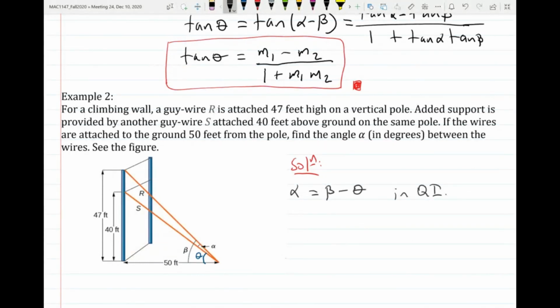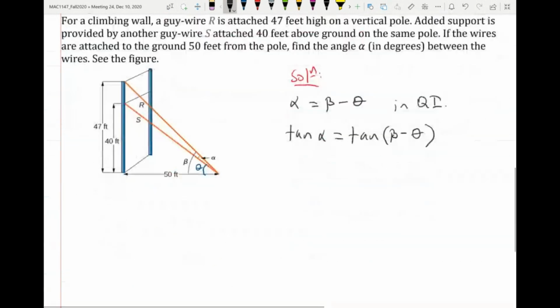In other words, if alpha is beta minus theta, then tangent of alpha is going to be tangent of beta minus theta. Let's first find tangent of alpha, and once we know this, we can come up with alpha by doing inverse tangent.